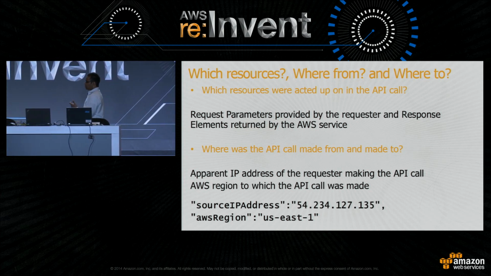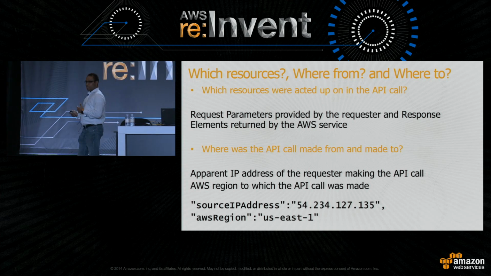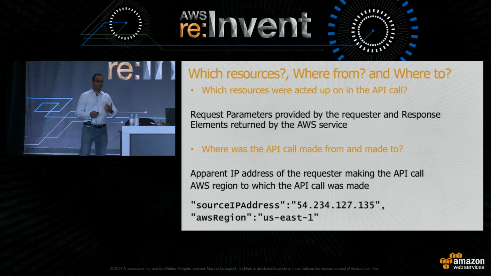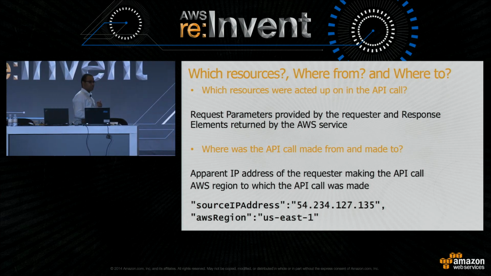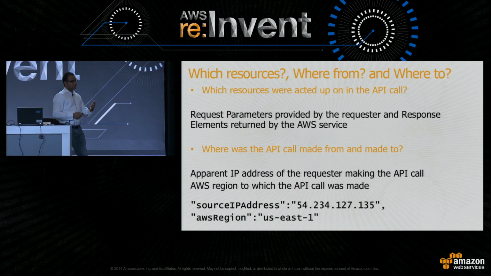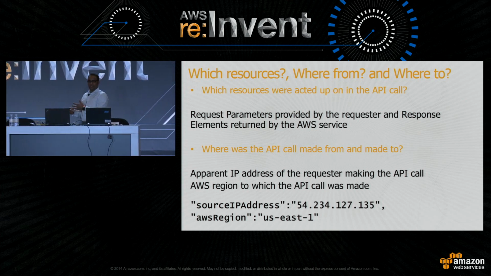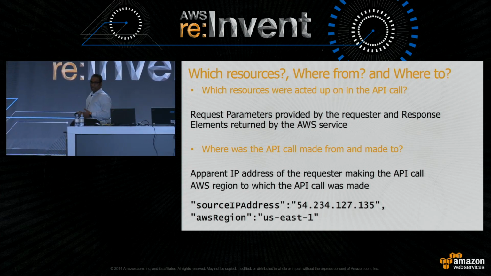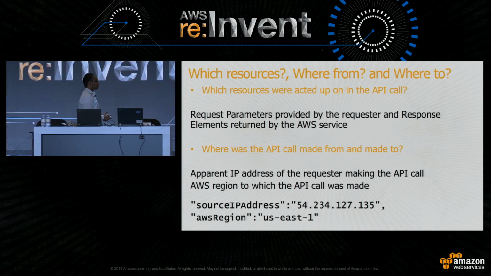And going up, which resources were acted upon in this API call? When you make an API call, you pass certain parameters, and the service acts upon those parameters and provides you a response. Both these are captured in the request parameters and response elements and returned back to you. And that is a part of the CloudTrail payload as well.